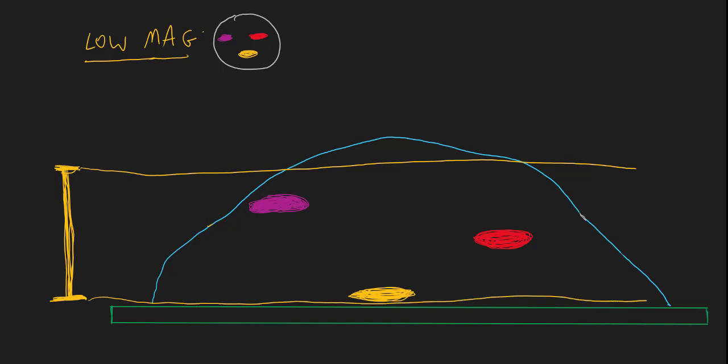And look what happens if we go to high magnification. Our field of view is going to be much smaller. It says as magnification increases, field of view decreases.